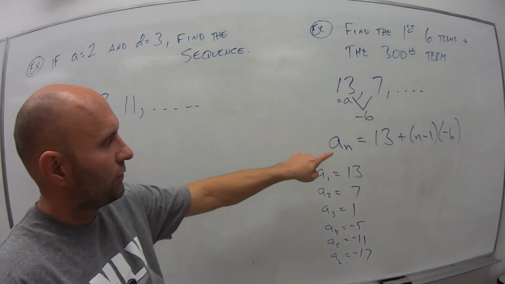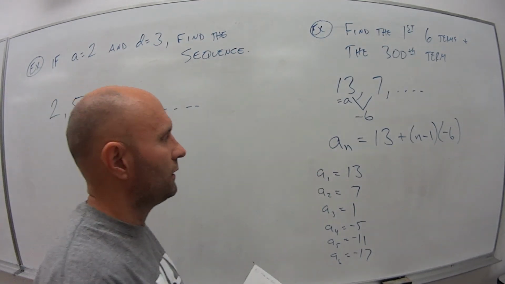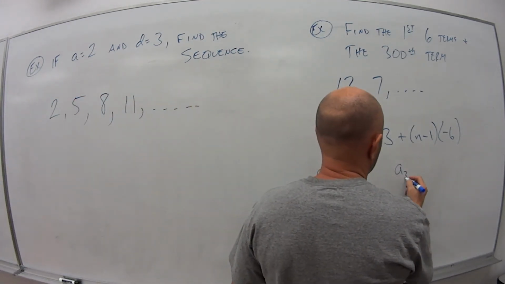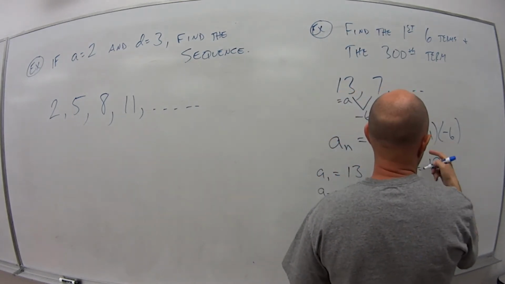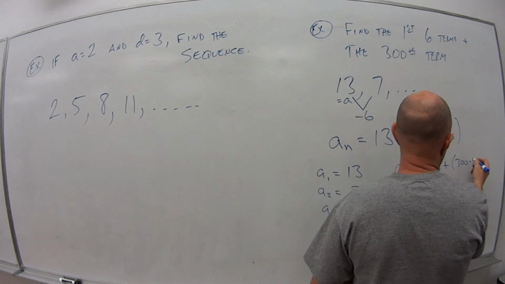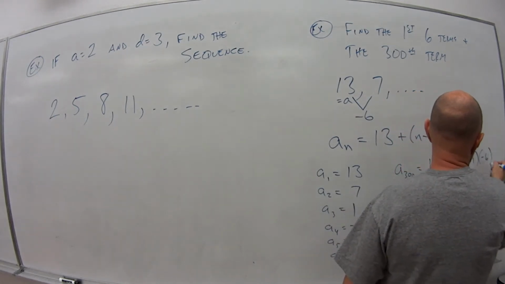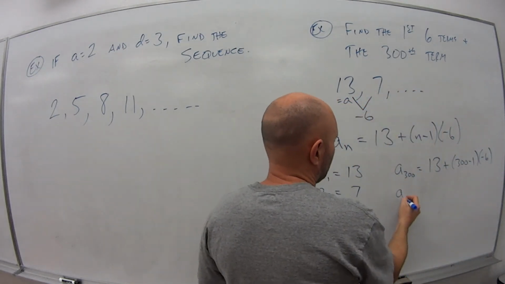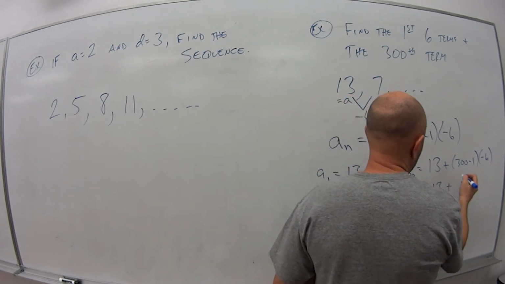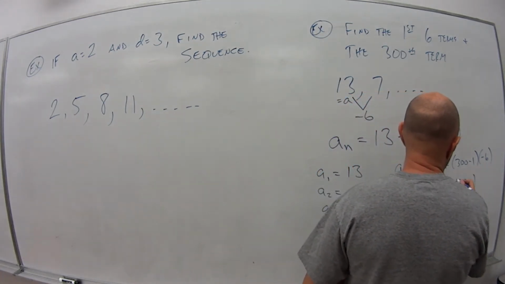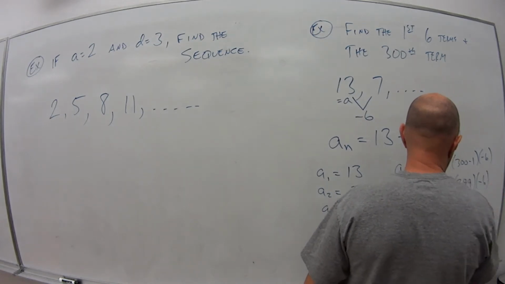Now for the 300th, we need to use this formula. So a of 300 is 13 plus 300 minus 1 times negative 6. So that means a of 300 is 13 plus 299 times negative 6.